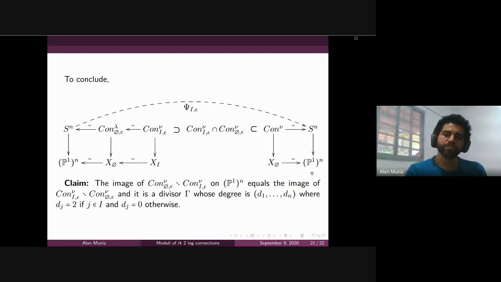And here in this P1 to the n, this subvariety goes to a divisor that has this special degree.